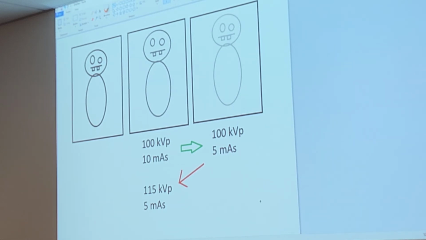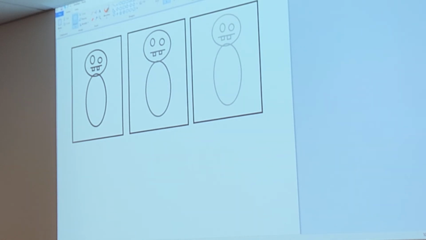So, I will give you an example technique. For me, when I was doing chest x-rays, in the room, I would use something like 120 kVp and maybe 3.2 mAs. That was what I used to shoot my chest x-rays.